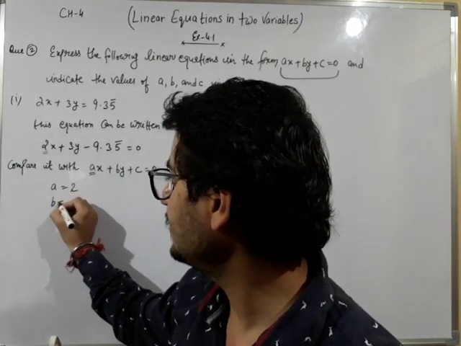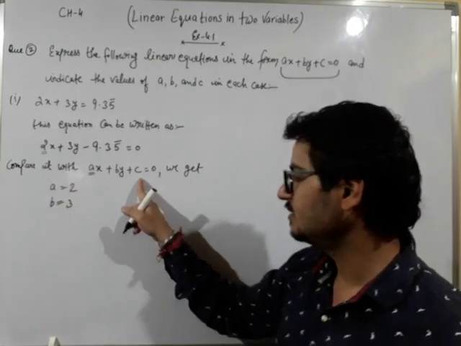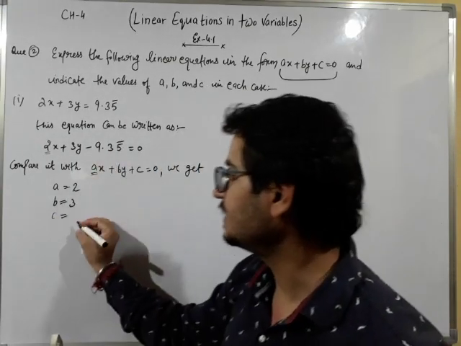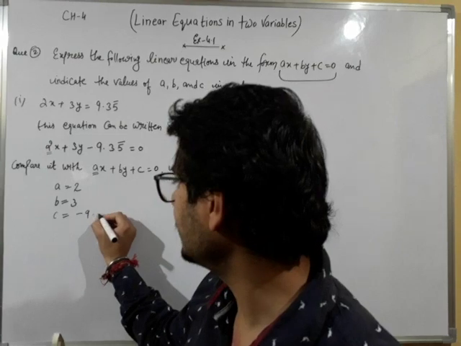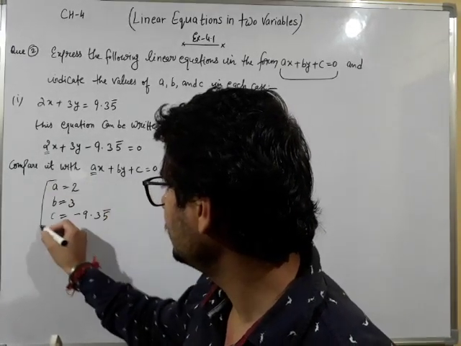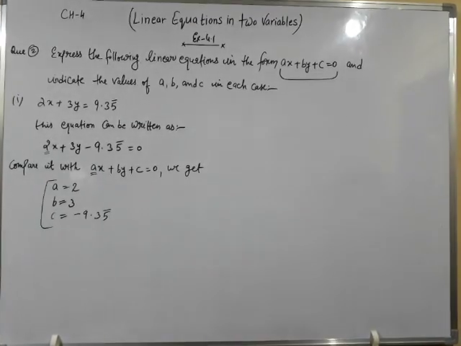So b equals 3, and this is the constant term, so c will be equal to minus 9.35 bar, which are the required values of the real numbers a, b and c, or we can say these are the values of the constants a, b and c. So we have to solve all the remaining parts of question number 2 like this. Yes, this is your answer.